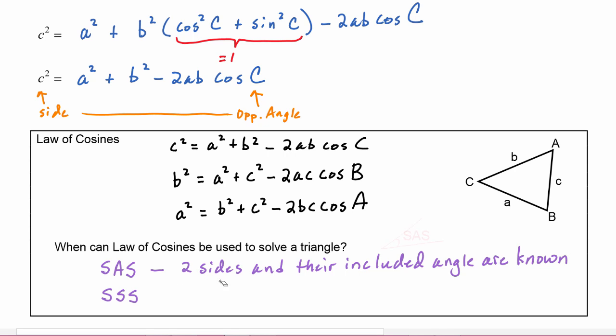So if you have two sides of a triangle and you also have the included angle for those two sides, then you can use law of cosines to solve that triangle.